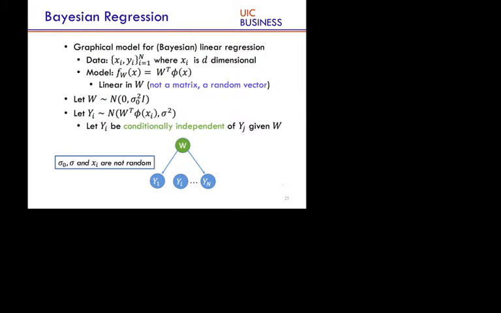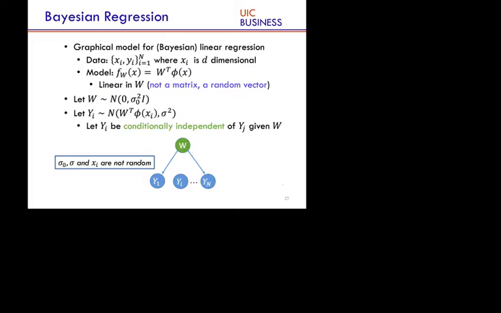Let's look at a very similar graph again. This is going to be just regression, linear regression. Let's say we have a data set of xi, yi, where xi is d-dimensional. The model is linear in the parameter w, and we're going to make the parameter a random variable.